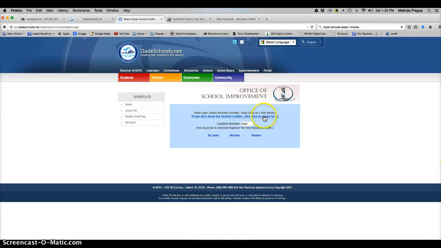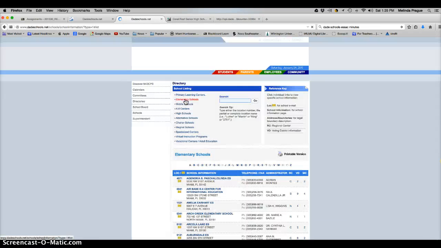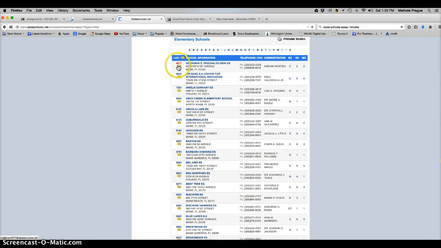So if you don't know the location number of the school you're using, you go to this site, and I've given you this link in Blackboard as well, and you would click here to find it. So if you want an elementary school, here are the location numbers above that little envelope. So let's say I said, well, I'm going to look at Amelia Earhart's plan.